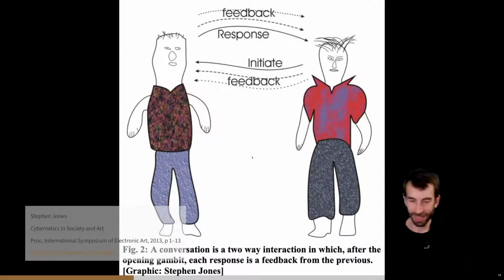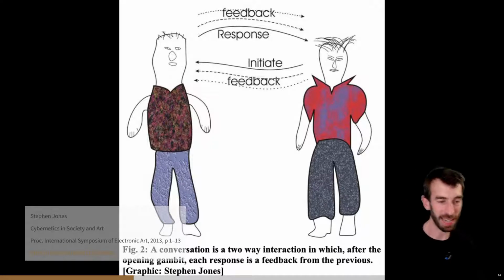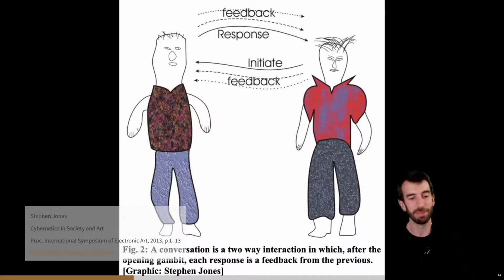So what is interaction? Can we define that? There's a picture on your screen right now, which is a slightly strange graphic by an Australian artist called Stephen Jones, who is mainly a video artist, but also interested in interactive art. He wrote a paper called Cybernetics in Society and Art at a conference which was in Sydney in 2013.